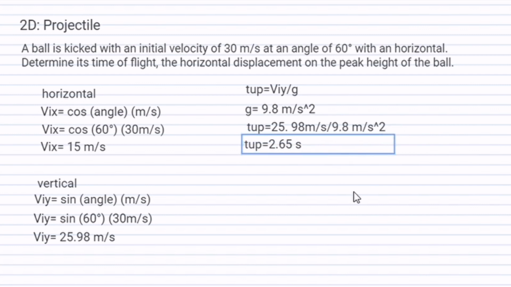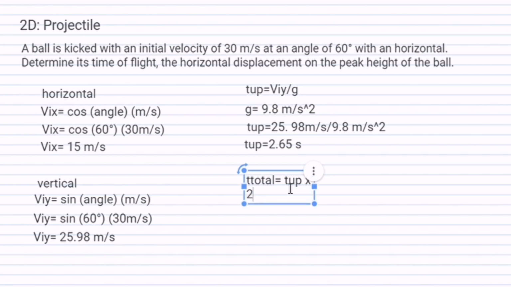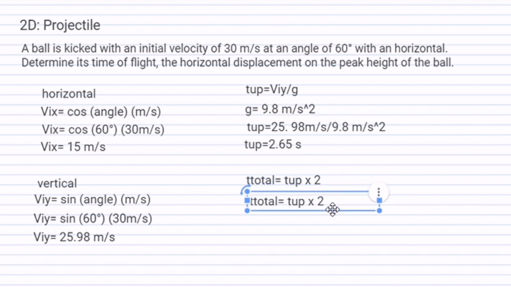For the next one, we're going to solve for the T total. The formula for the T total is T up times 2. For solving this, just substitute again.